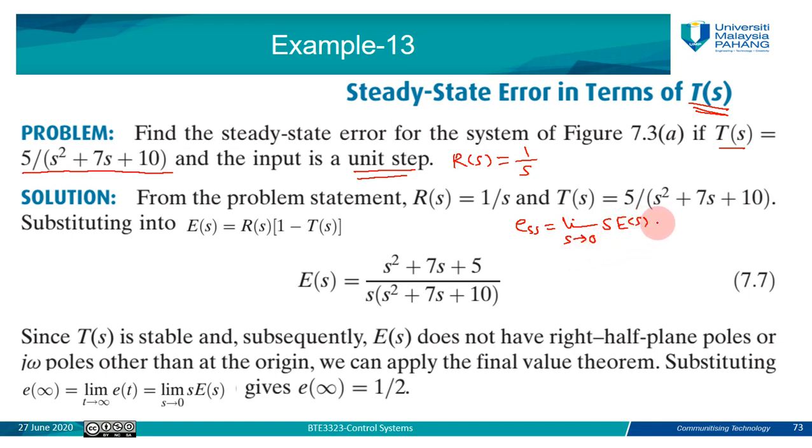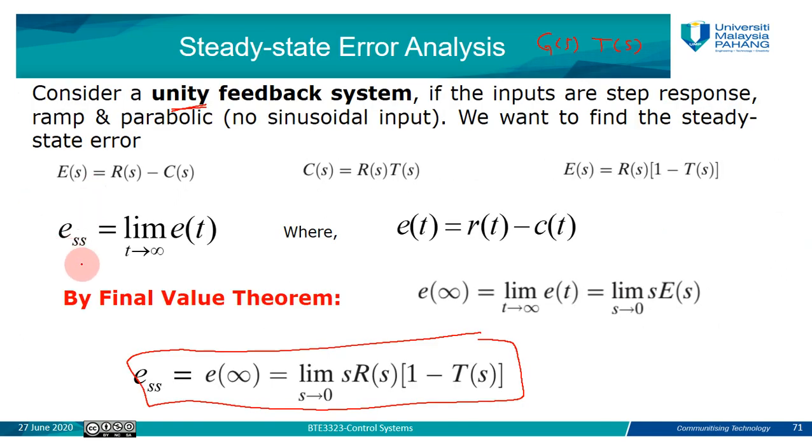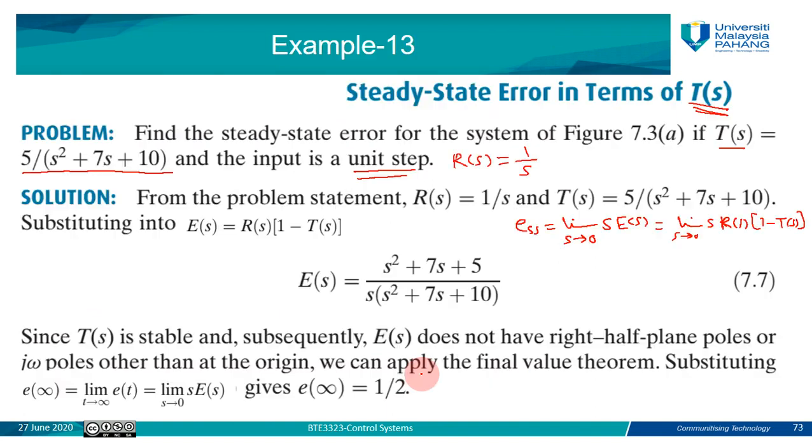So ES here needs to be found, based on the formula: limit s goes to 0 of SRS times 1 minus TS. This is the formula that we saw in the previous example. You just need to substitute the value of RS and the value of TS in this formula.